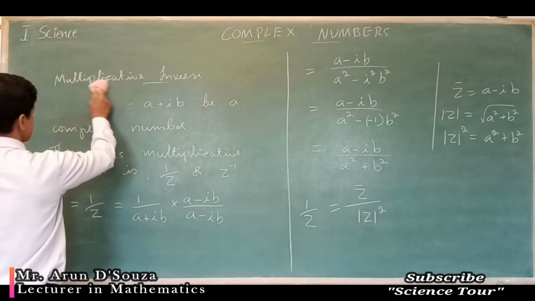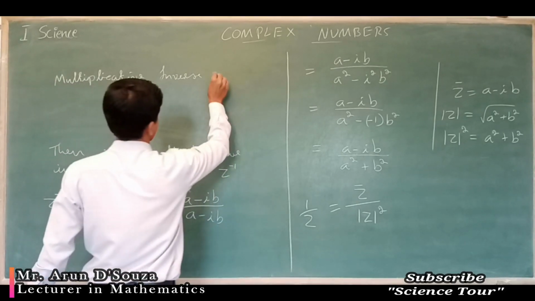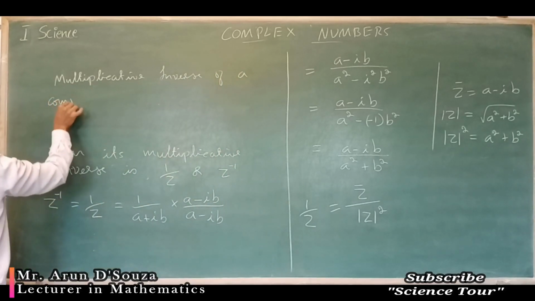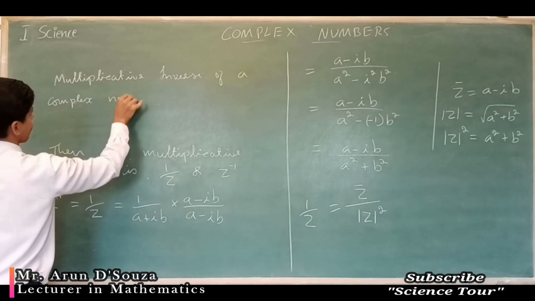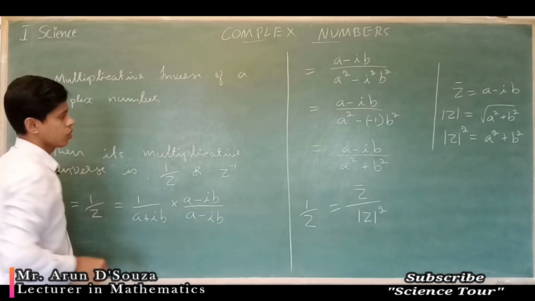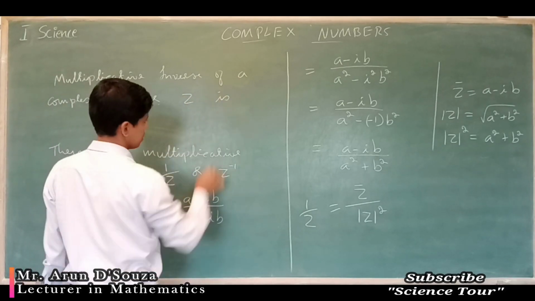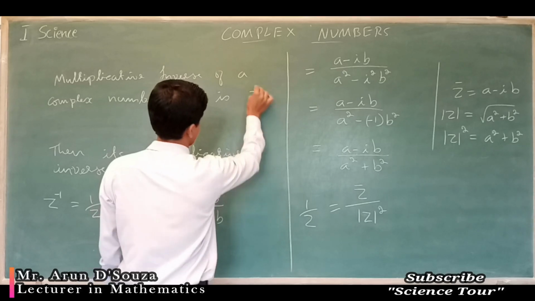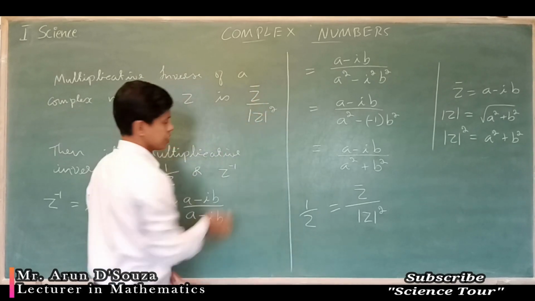So the multiplicative inverse of a complex number z is z bar divided by modulus of z square.